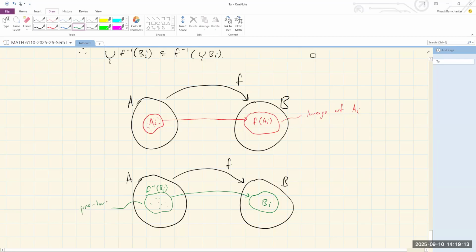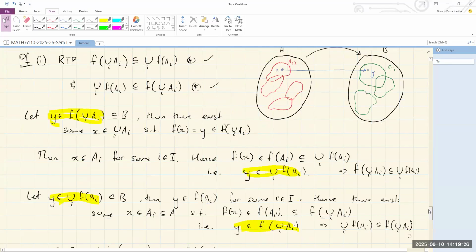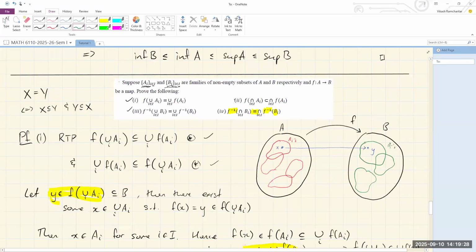So one is the image, one is the pre-image of B_i. By just applying the definitions, you can prove these statements. There were two more for you to try, proofs involving the intersection, which is very similar to the union, except that if an element is in the intersection, it means it's in all of them.